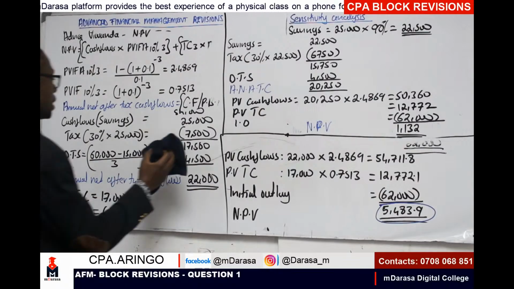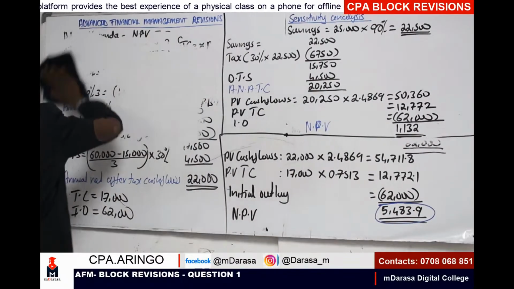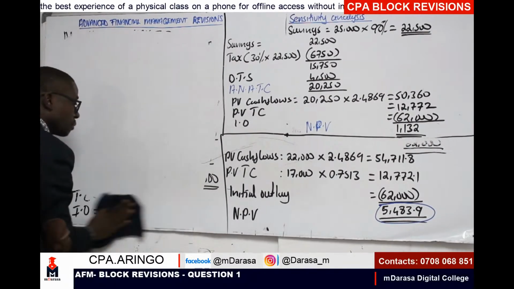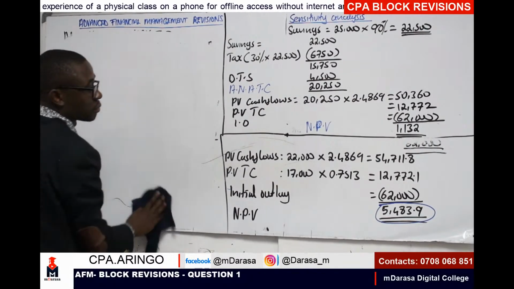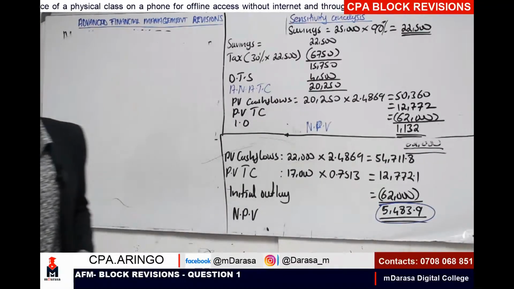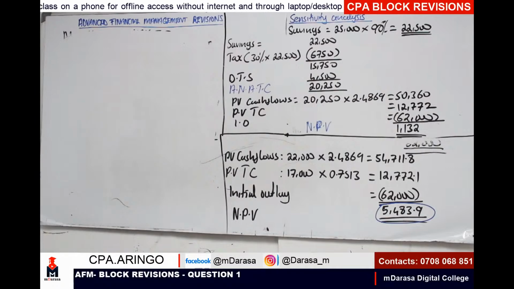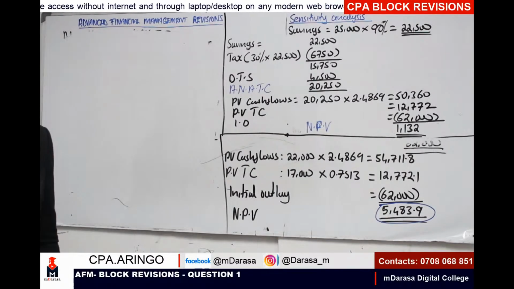Allow me to erase this. So in this case, we can agree that we're having a negative impact. So the adverse change in NPV, we should be having what?